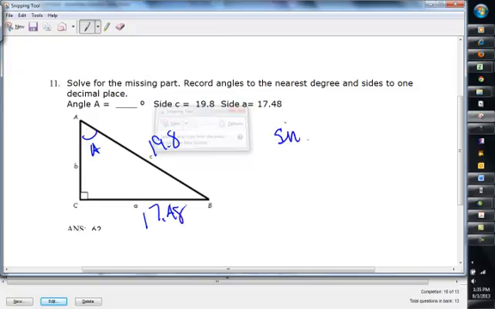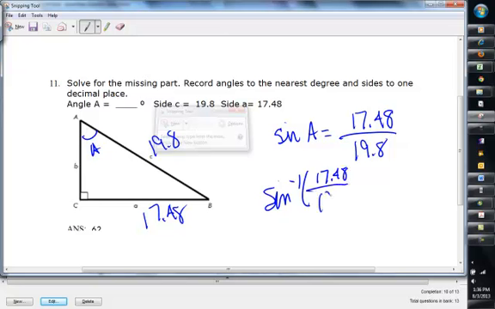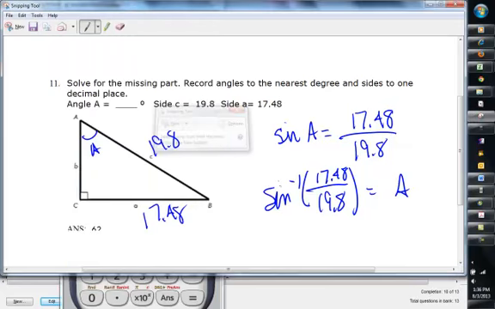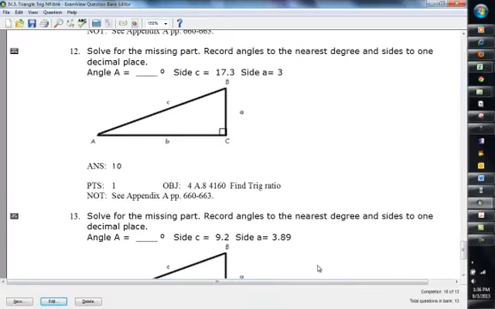So sine A is opposite 17.48 over hypotenuse 19.8, or sine inverse of 17.48 over 19.8 is A. If you're looking for the angle, press Shift first. Shift, sine, fraction, 17.48 over 19.8, and you get 62 degrees. Next one.